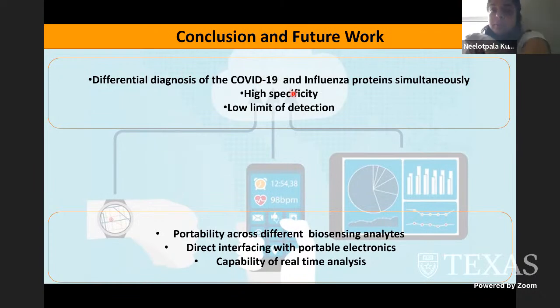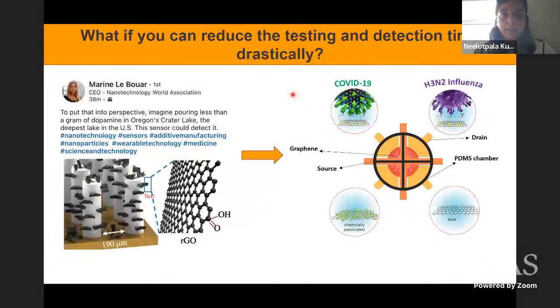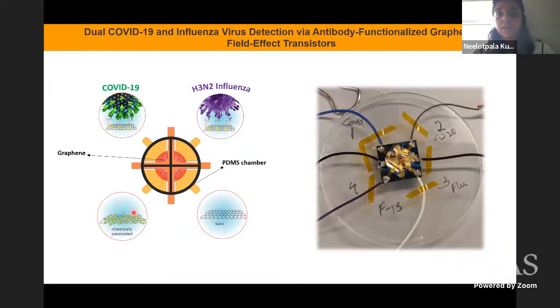So that is a possibility, and that's why we have 4 chambers. One sec. If I go back to the schematic, we have 4 chambers over here. One is chemically passivated and one is bare. They basically serve as our control FETs. If you're seeing any other virus, most probably we're not going to see any reaction for COVID-19 or flu.